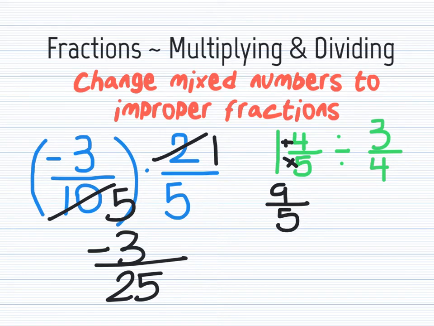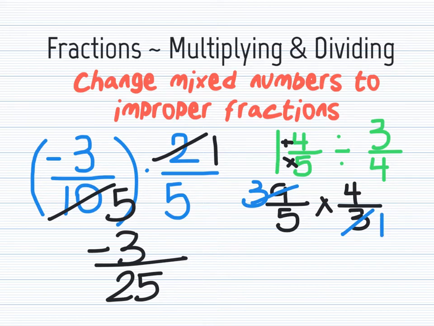I'm going to go ahead and change division to multiplication because I don't have to change 3/4 to an improper fraction. So I'm going to flip that fraction upside down. That's called the reciprocal. Then I can check to see if there is anything in my numerators and denominators that I can cancel or simplify, which I can divide 9 by 3 and get 3, and 3 divided by 3, which is 1.